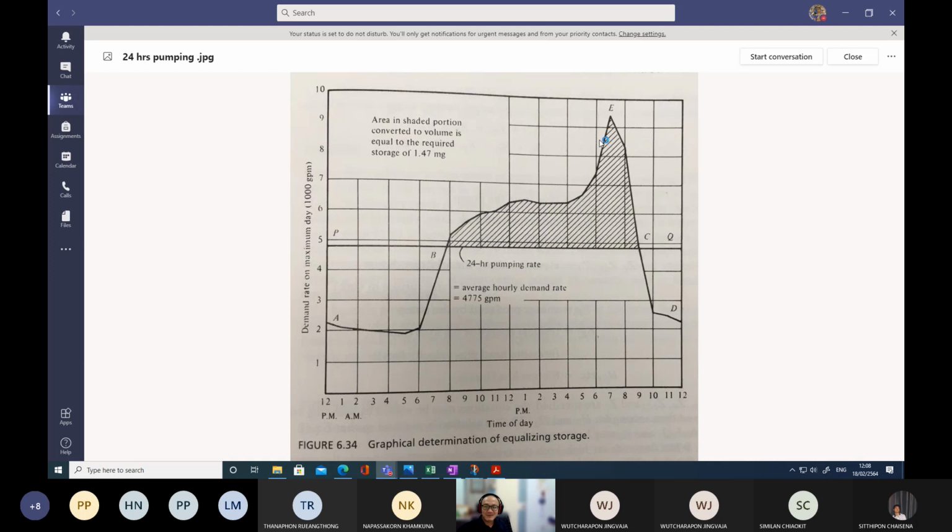So just like in mathematics, we have two curves, and we are interested in these two functions. If you want to determine the volume of storage required, what you can do here: the x-axis is hours, 24 hours, times of the day, and the y-axis is the flow rate, given as volume per time.